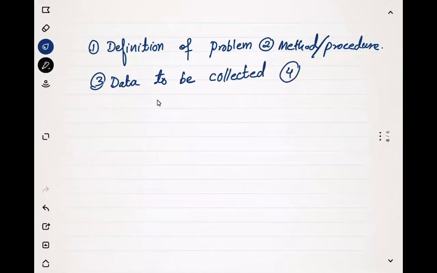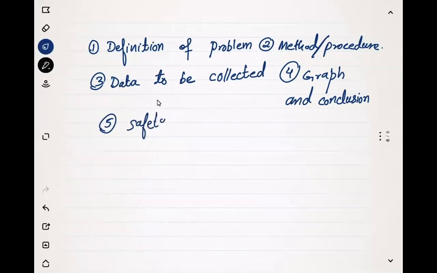Your fourth heading would be graph and conclusion, and your fifth heading would be safety precautions.